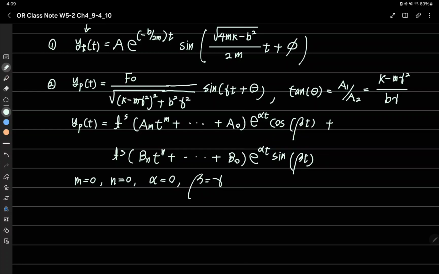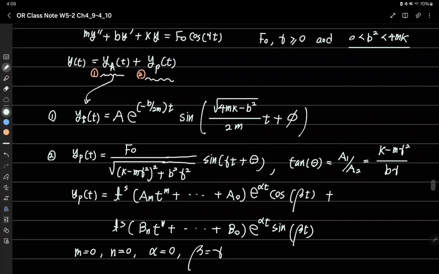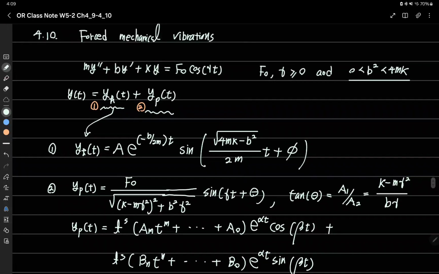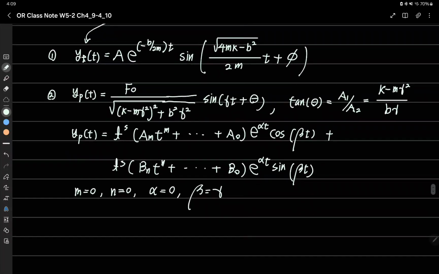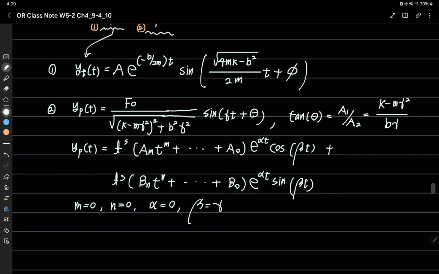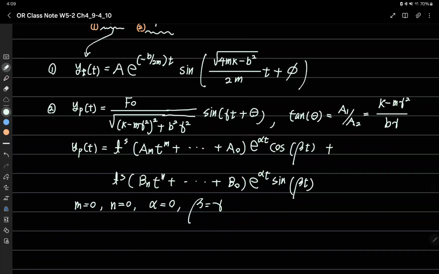Since the external force has no exponential term, alpha must be 0, beta must be gamma, and this is a constant, so the degree of the polynomial must be 0, so m must be 0 and n must be 0. To figure out s, we compare alpha and beta with the complex root of the auxiliary equation. If they are equal, then s must be 1, otherwise s must be 0.